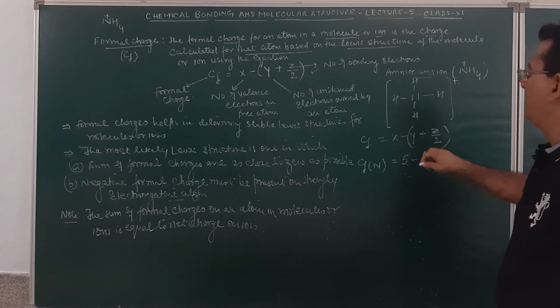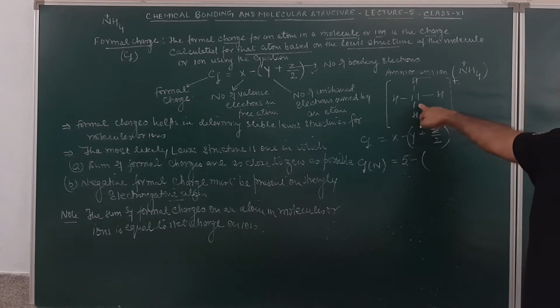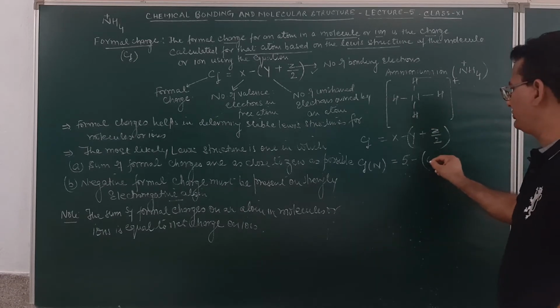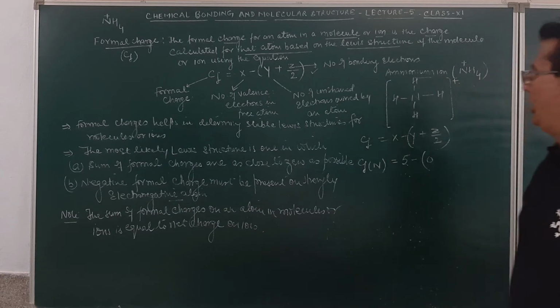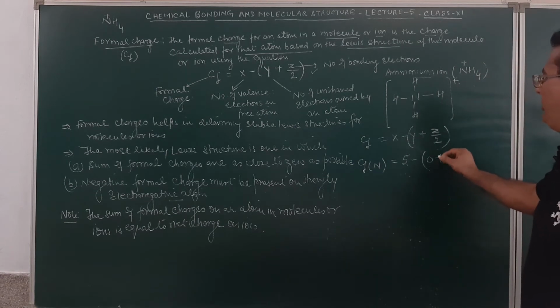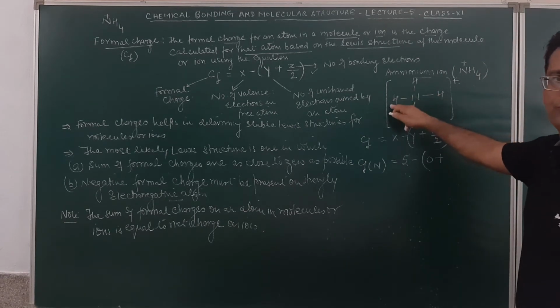Minus. Does this structure of ammonium ion have any lone pair or unshared pair? No. So this will be 0. How many bonds is the nitrogen atom forming? 4. 1, 2, 3, 4.